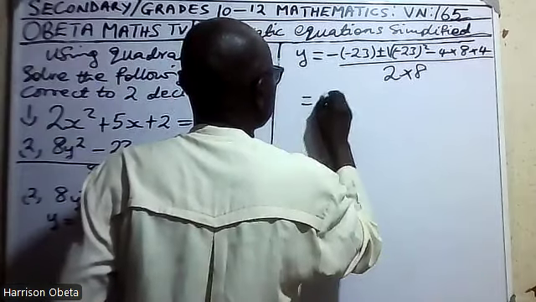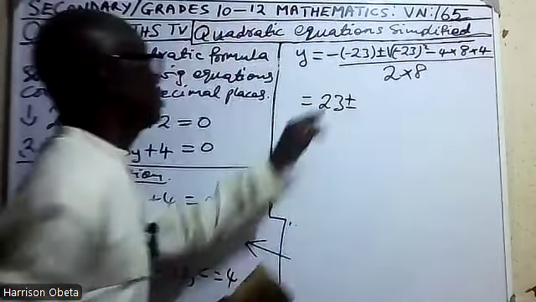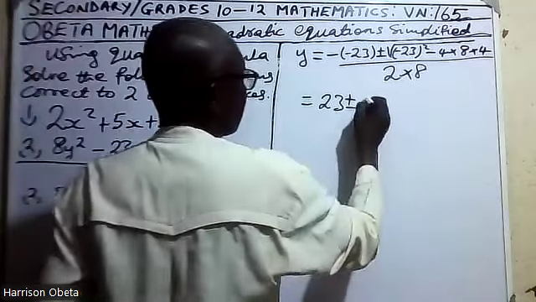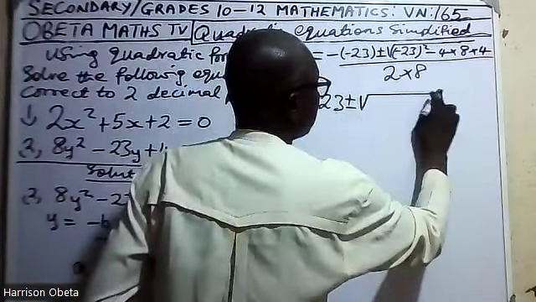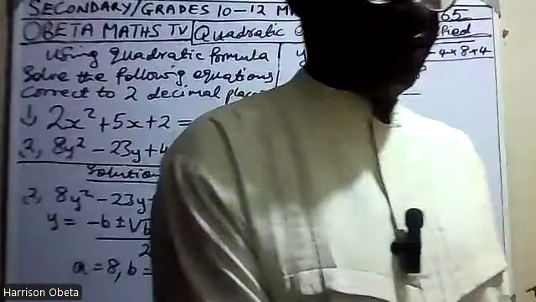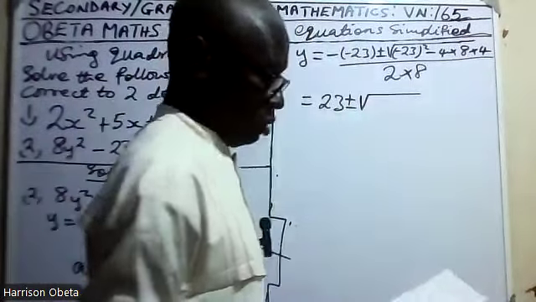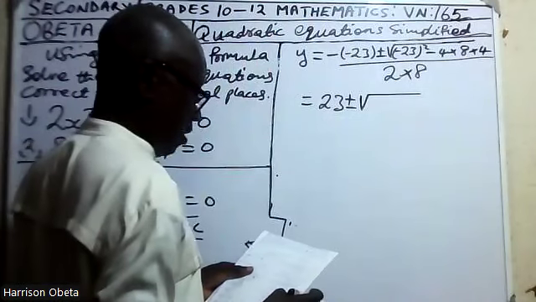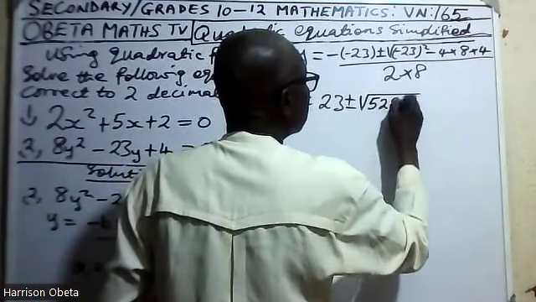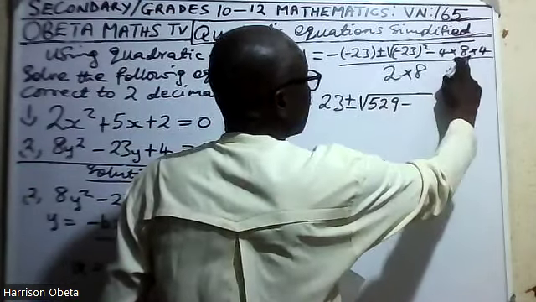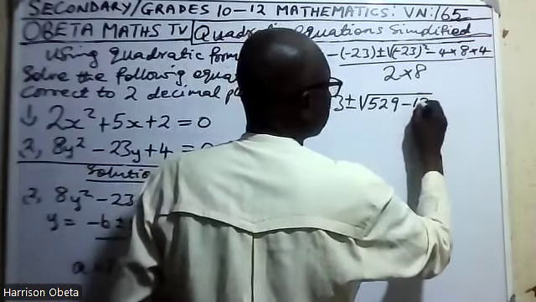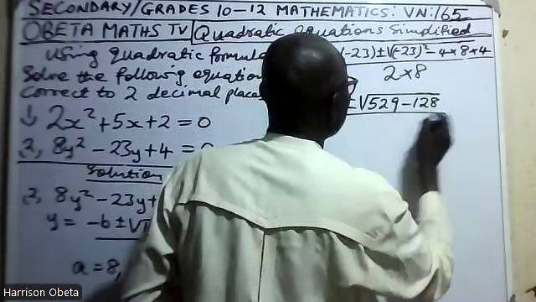So that will give us 23 plus or minus, because negative times negative is positive, plus or minus square root of, then we check our calculator, 23 squared, we are going to have 529 minus, this is minus 32 times 4, that will give us minus 128, everything over 16.